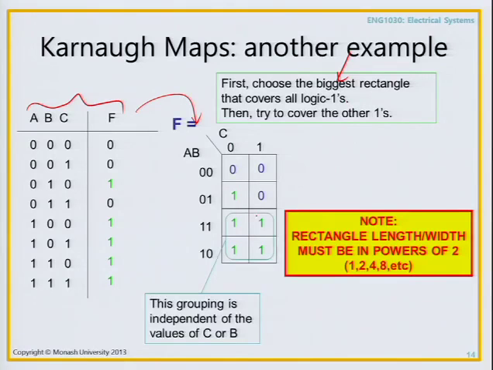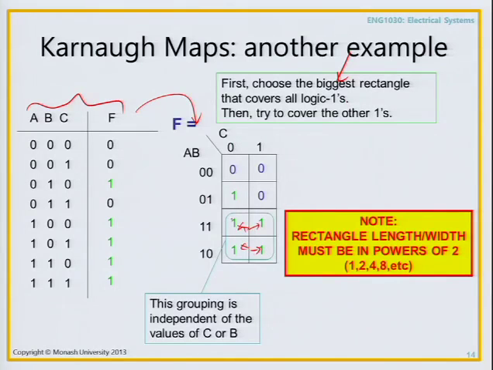So over here, if I draw the biggest grouping of ones, then let's look at what inputs do not change between each of these elements inside the box. So what elements stay the same for all of these terms? A, right?